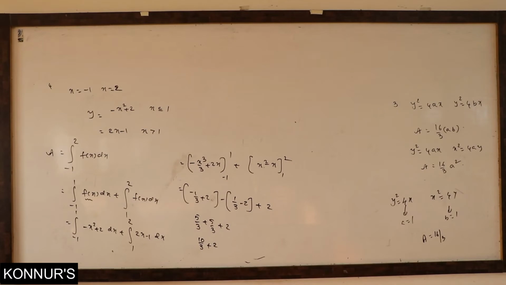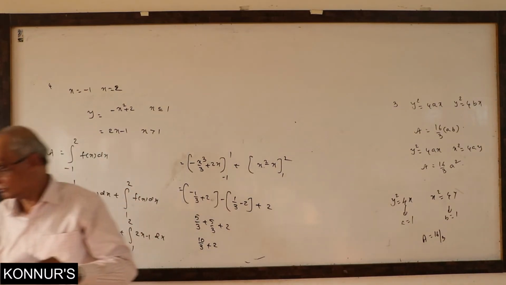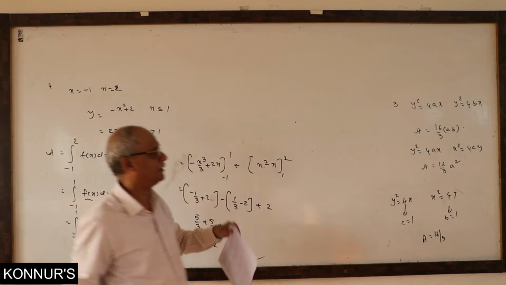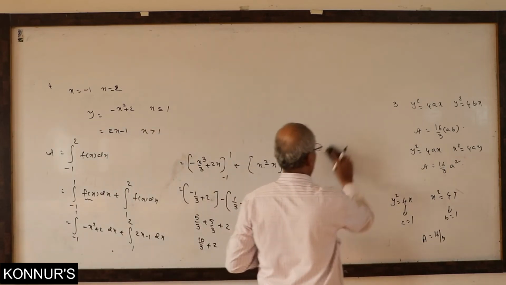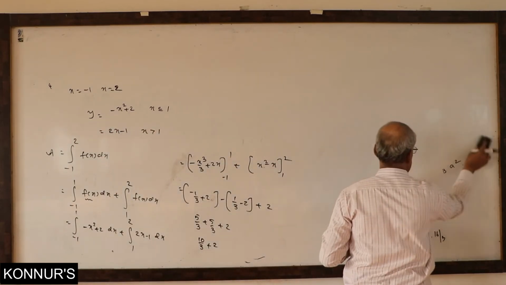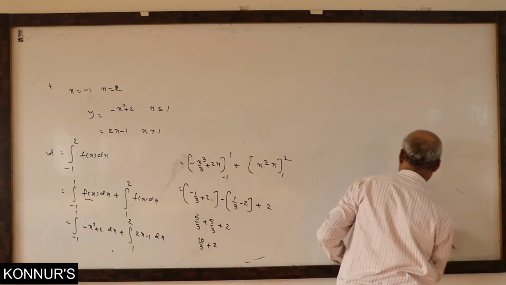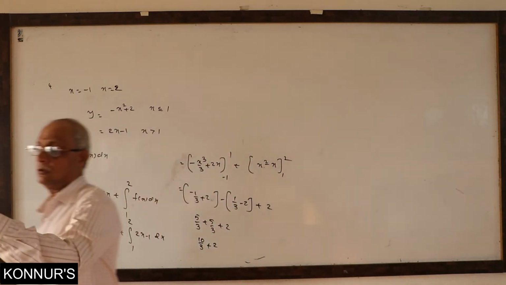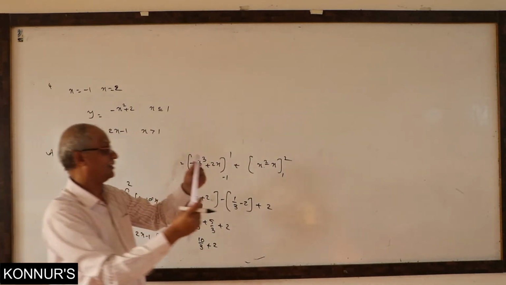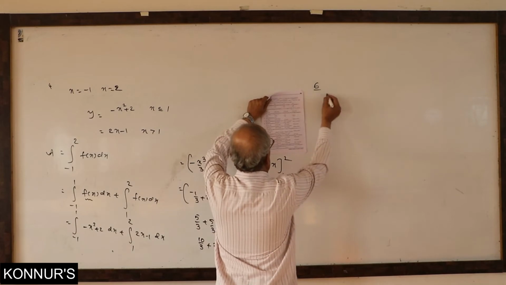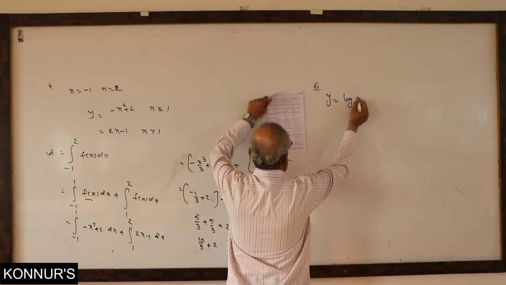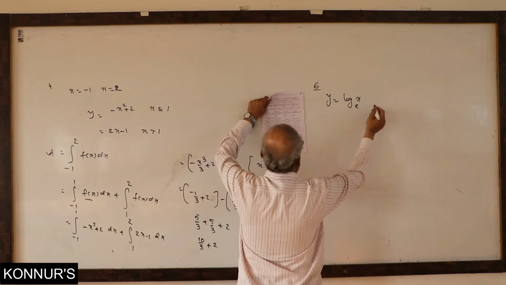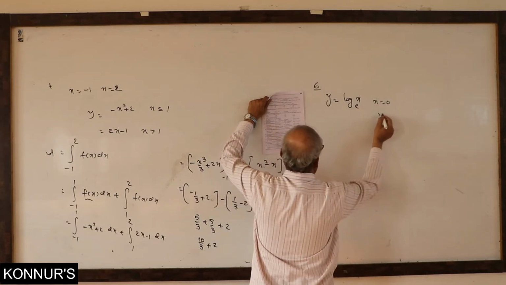Next, problem 5 is not in your syllabus, so we cannot consider it, no problem, leave it there. Problem 6 is important, again for the logarithmic function. Here the logarithmic function is given, y equal to log x base e, and x equal to 0 means the y axis.